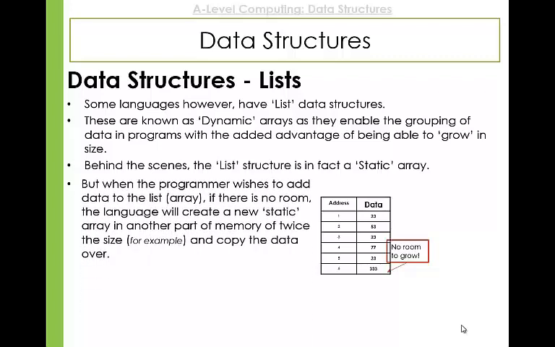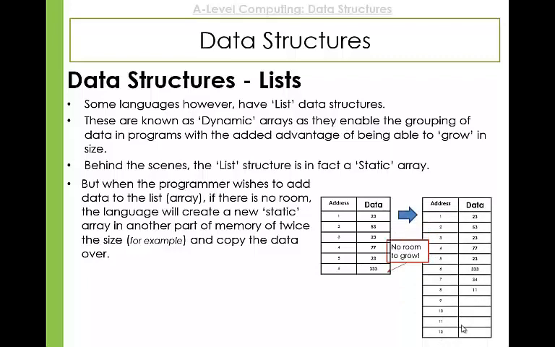But what a list does, or what programming languages allow when you're dealing with a list, is if you want to actually add more data to your list, it creates a brand new static array in another part of memory, perhaps twice the size. Doesn't have to be. Different languages probably do it in different ways, but let's imagine that it produces a new static array in another part of memory of twice the size.